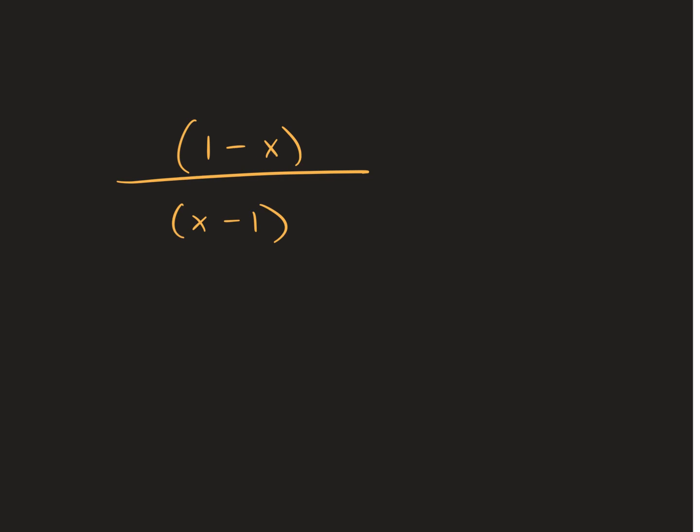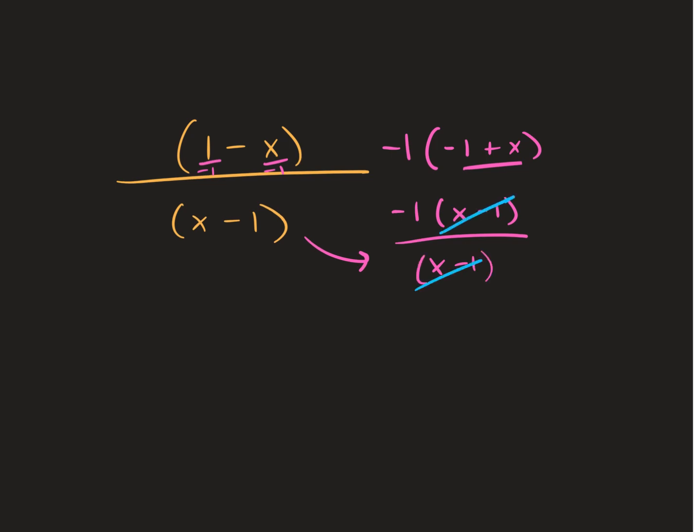I'm going to divide out the GCF and make it negative 1. So I'm going to put a negative 1 on the outside, and then I have x minus 1, which if I reordered the inside here, I'm just adding so I can rewrite it in whatever order I want. I have x minus 1 over x minus 1.